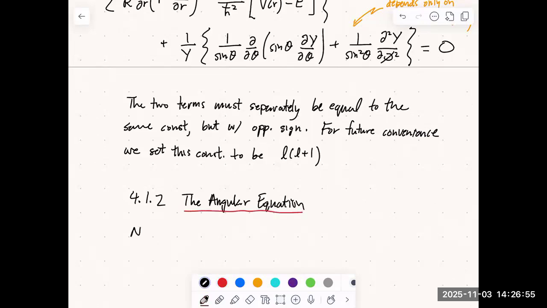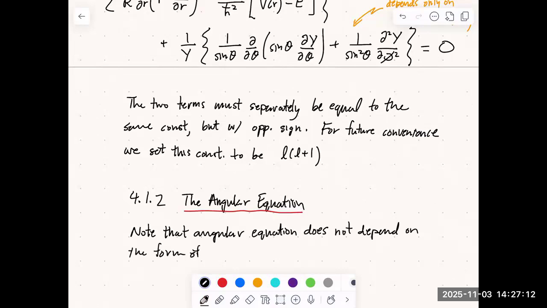First, note that the angular equation does not depend on the form of V of r, just that it is a central potential.